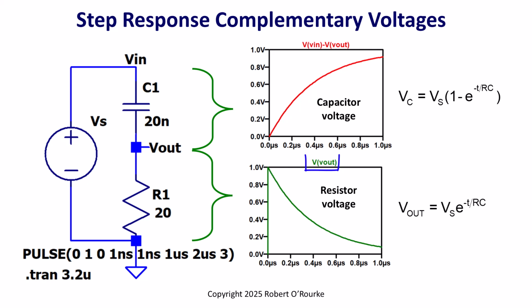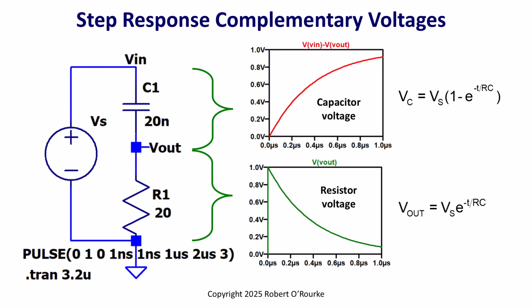The voltage across the resistor creates a current which fills the capacitor with charge, increasing the voltage across the capacitor and decreasing the output voltage Vout across the resistor. This decrease in Vout voltage decreases the current in the resistor.